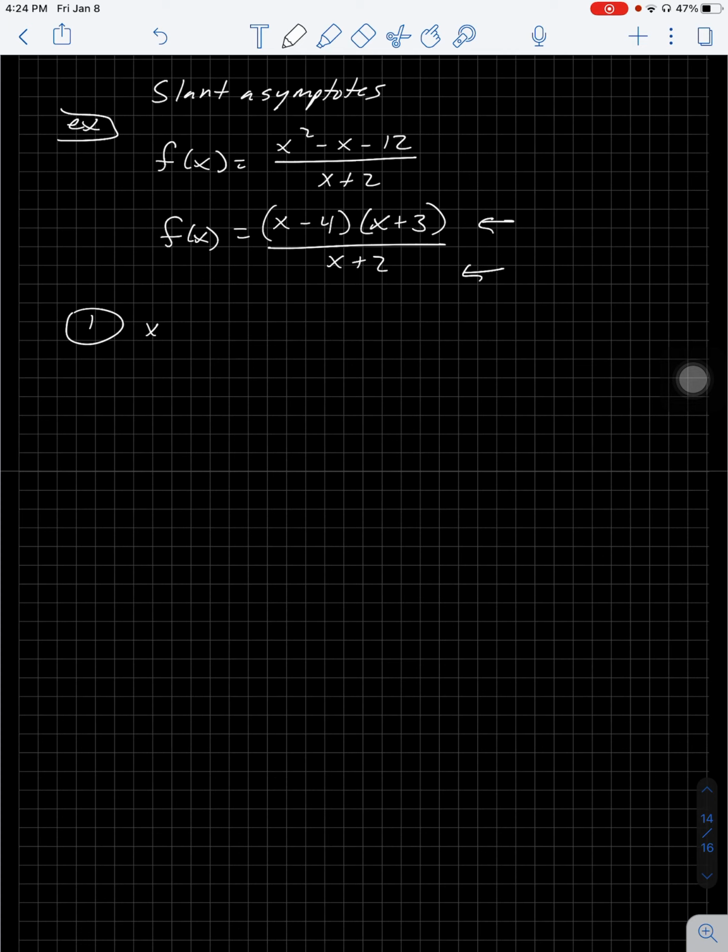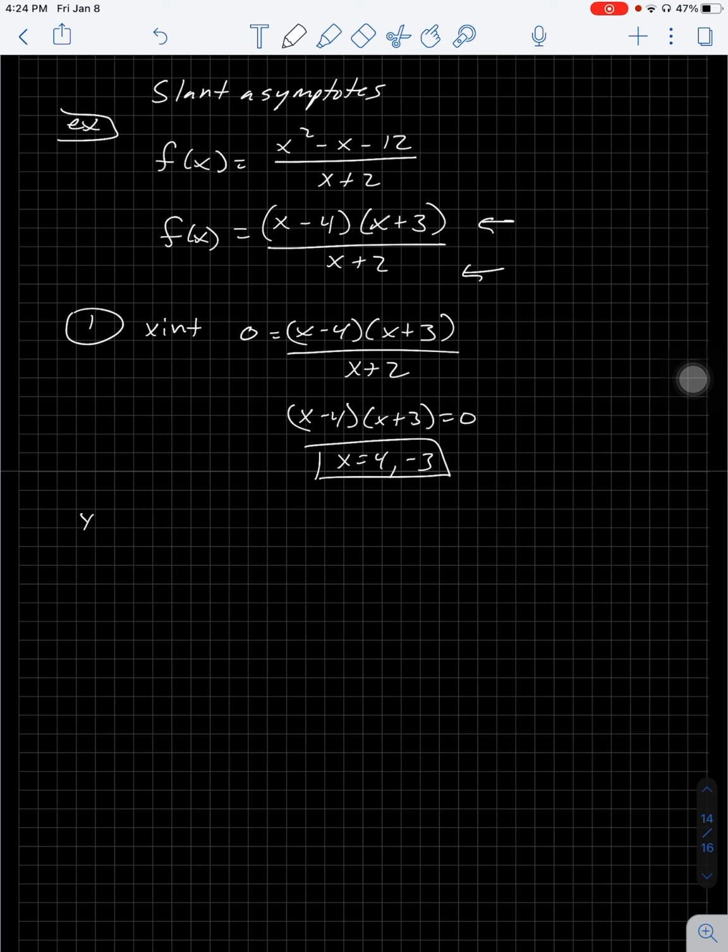So I am going to go through my procedure. So first, I'm going to find my x-intercepts. Then I'm going to wipe out my denominator. So x equals 4 and -3. Those are my x-intercepts.